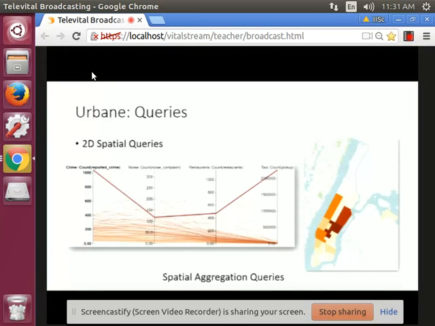You have a set of points, the taxi pickups, and a set of arbitrary shaped polygons, as you can clearly see here. You do a join between the points and polygons, and then a group by based on the polygon IDs. So this is a select whatever from two data sets where point is inside a polygon group by polygon ID. This is essentially a spatial aggregation query.